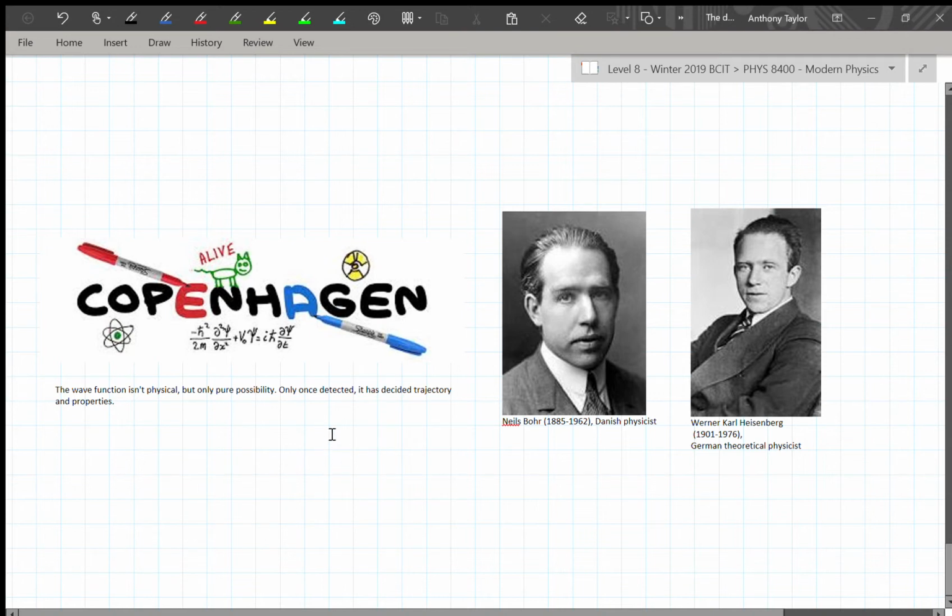And basically they said that the wave function doesn't physically describe anything, but it only purely describes the possibility of where that photon or particle might exist. And it sort of carries the possibility of infinite trajectories along where its starting point and end point are, and only once you observe it, then its true trajectory is revealed.